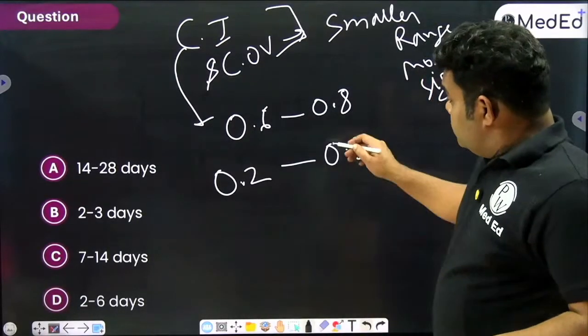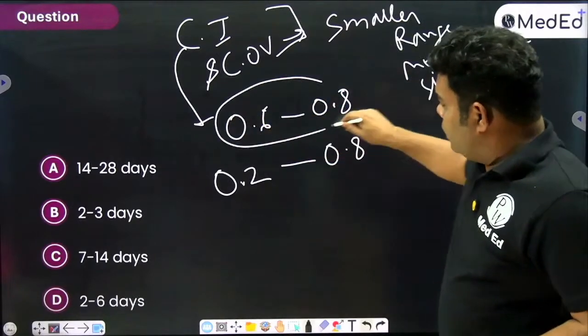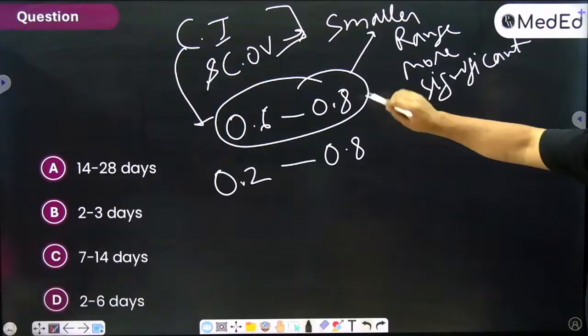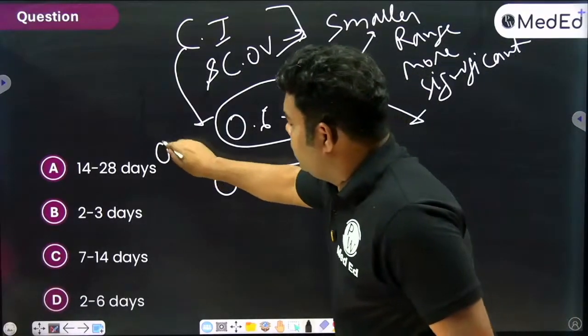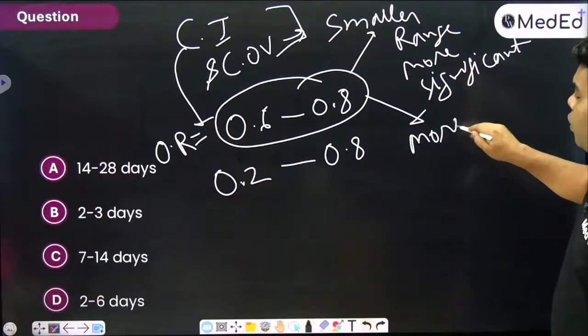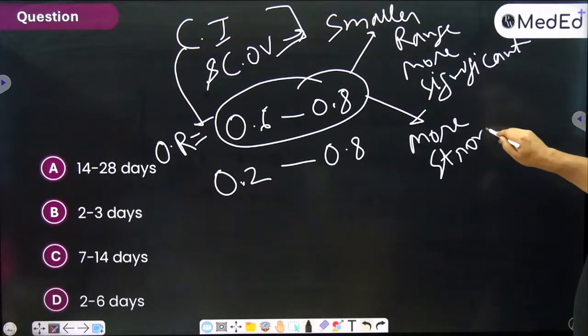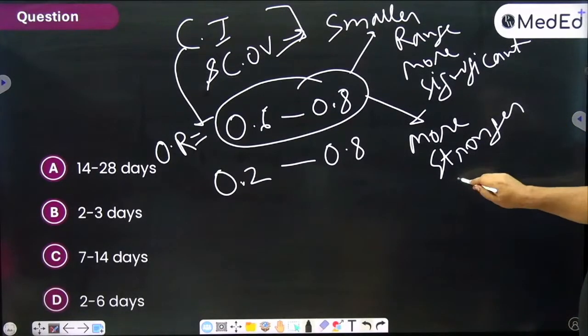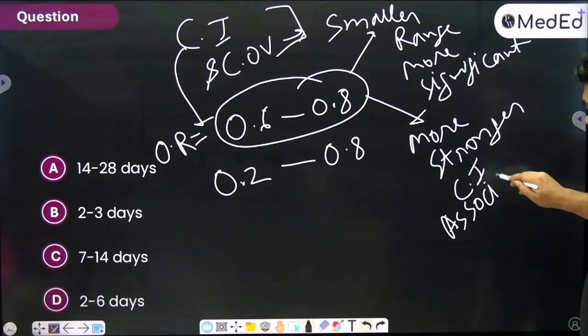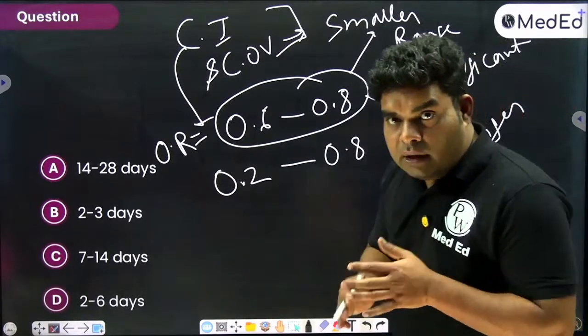So this range 0.6 to 0.8 is smaller, and smaller range means this study with odds ratio between 0.6 to 0.8 is showing more strong correlation. So sometimes they confuse you by giving different ranges of confidence interval. Do remember, smaller the range, more significant is the data.